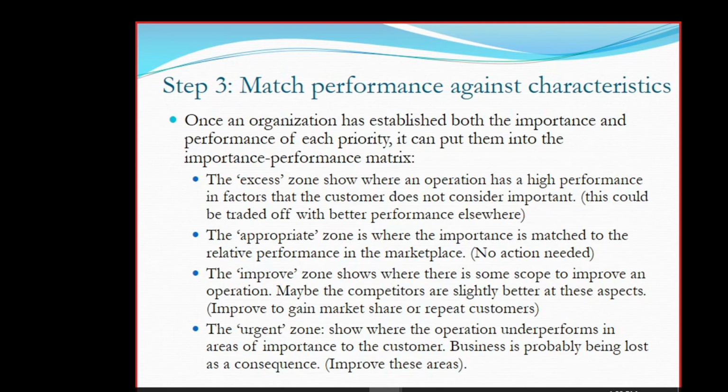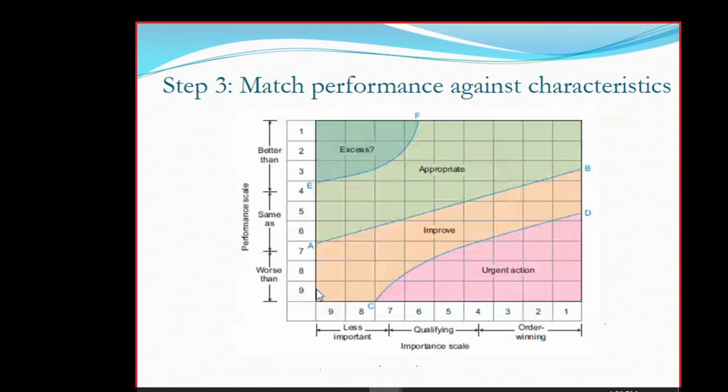So if it's less important for the customer in this zone, and at the same time my competitors are always better than me because it's 9 on the performance scale, this area, the orange area, we call the improve area.